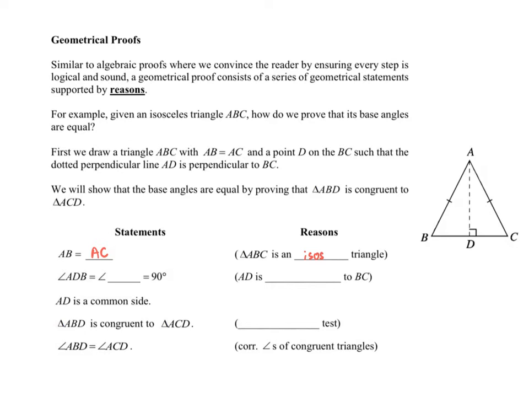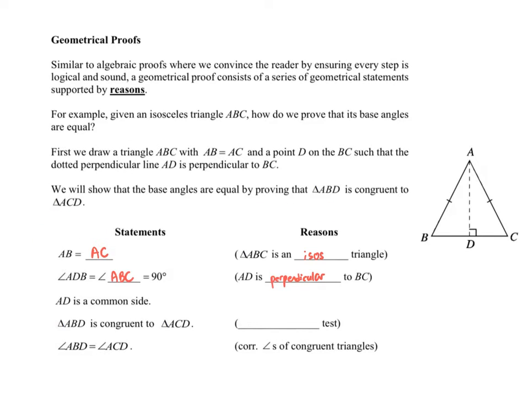Angle ADB equals angle ADC, which equals 90 degrees, because AD is perpendicular to BC. So with every statement, you are writing a reason, and the outcome is to show that triangle ABD is congruent to triangle ACD.